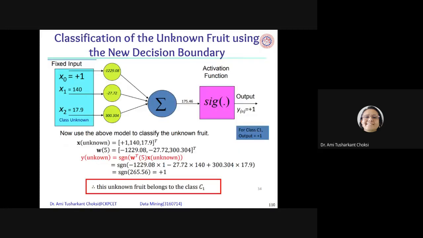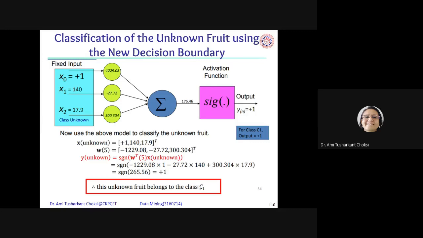Now we find the class for the unknown fruit. We put in the w vector and x vector, multiply them, apply the activation function, and we get that the class for the unknown fruit is C1, right?